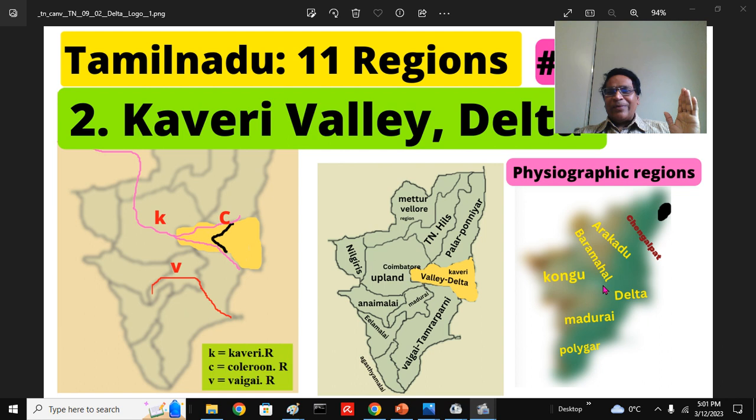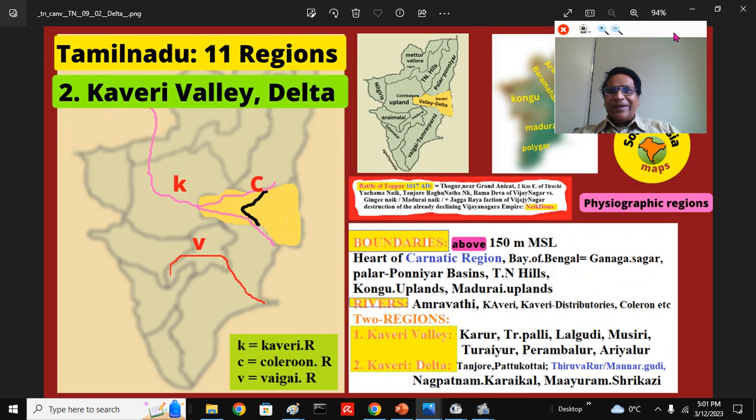We have the Cauvery Valley and Delta districts, the Kongu area districts, and the southern part, south of the Vaigai, that is the Madurai region and the Polygar or Tirunelveli region. That is the general broad picture you should keep in mind.